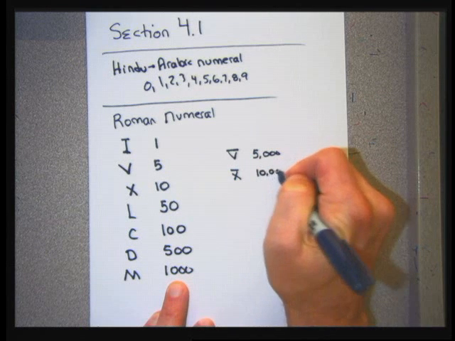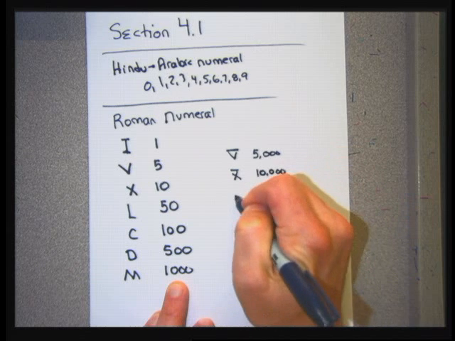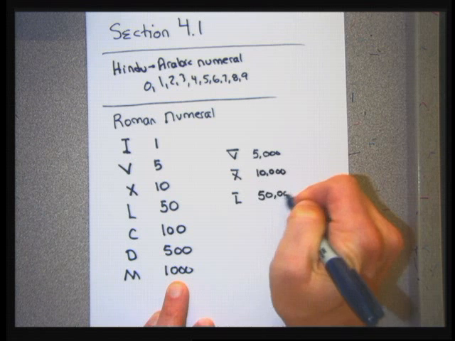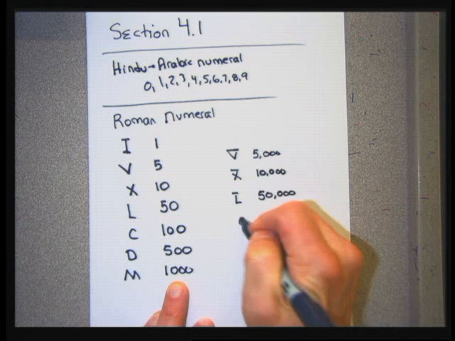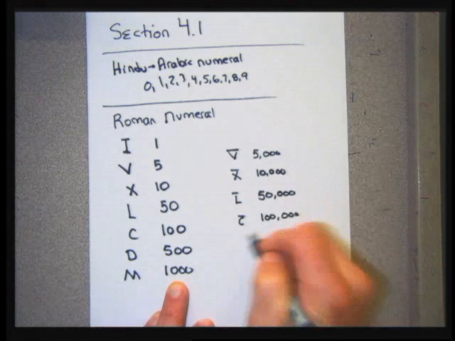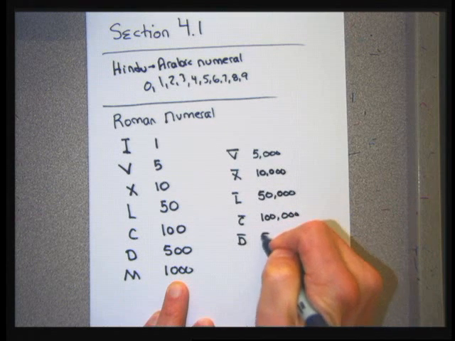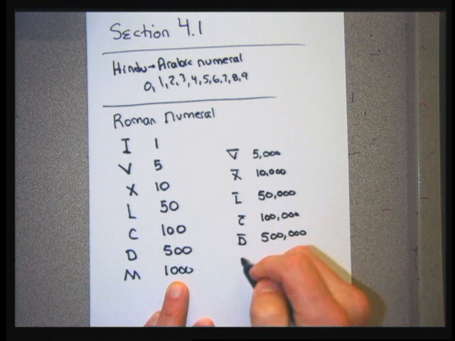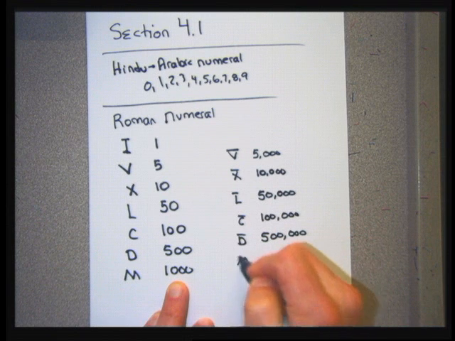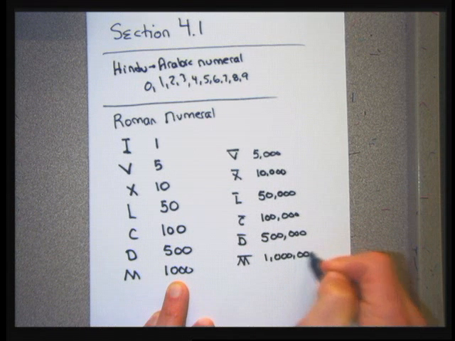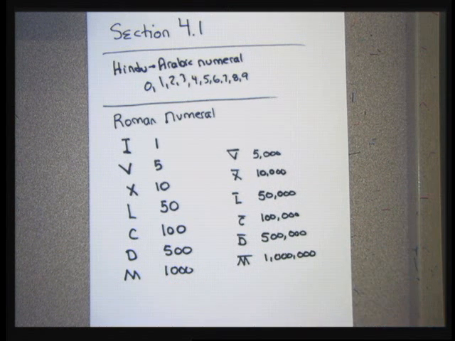There's a homework problem or two that has a bar on it, and there certainly won't be any on the review nor on the test. But if I take any of the Roman numerals other than the I and put a bar on top of them, that means to multiply the number by 1,000, which is the same as adding 3 zeros.